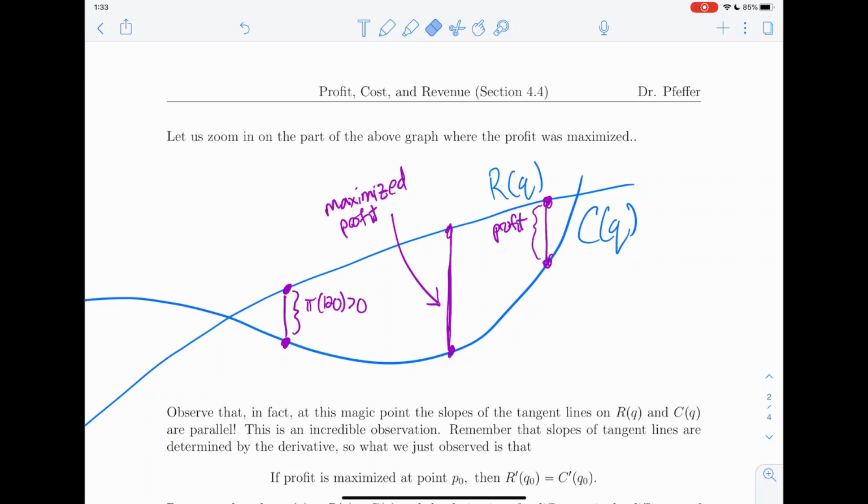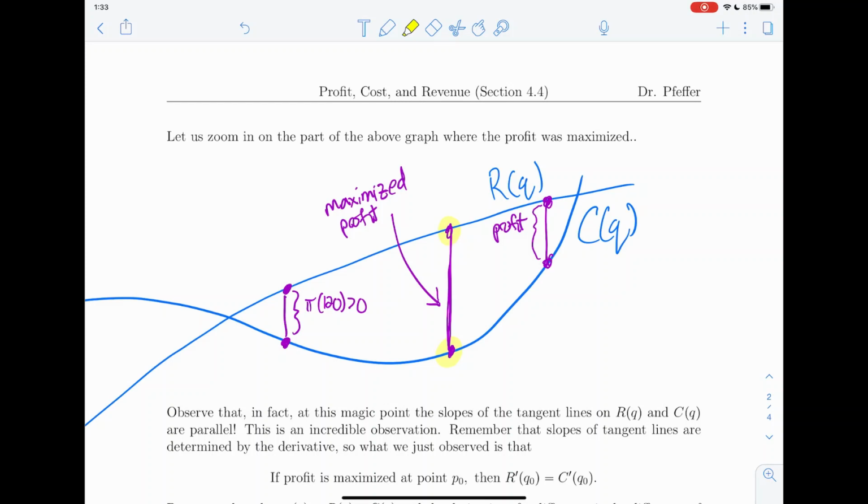Now, there's a really important observation we can make that's going to relate all of this to the calculus that we've been investigating so far. Look at the 2 points right there on the revenue and the cost graph where we identified maximized profit. There's a really, really important observation we can make.